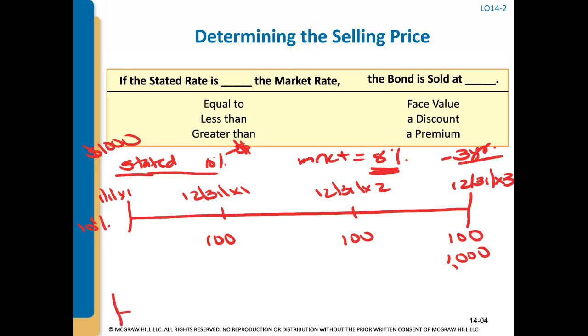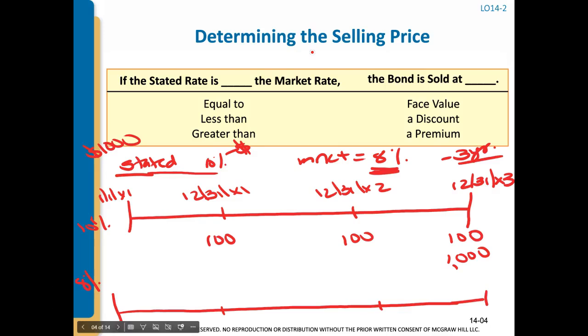If I, as a bond holder, were to go out to the open market, and the market rate is only 8%, then if I were to buy a bond from any other company, they would pay me only $80 of interest at the end of each year, plus the $1,000 face value at the end of the term.